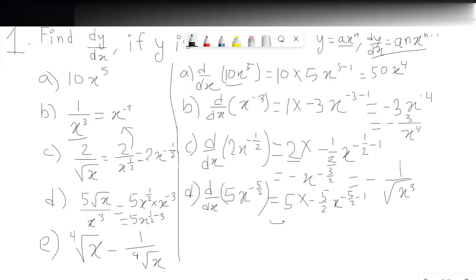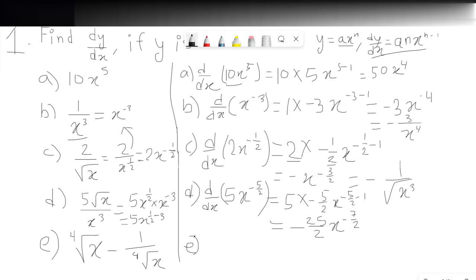So if we simplify this, we get minus 25, as 5 into 5 is 25, divided by 2, as none of these terms are divisible by 2, and we get the power of minus 7 by 2. It's better to keep this in this form.